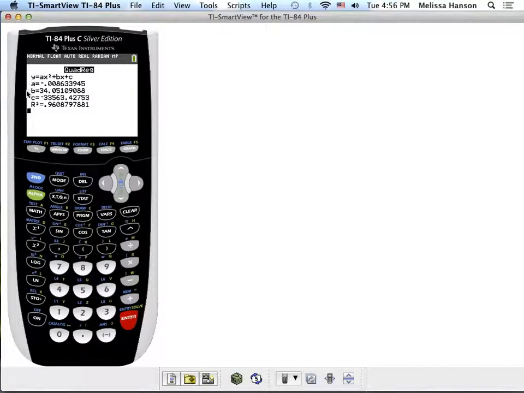And this time I'm going to write down this quadratic equation. This is my model. A mathematical model is an equation that fits a set of data. So I'm going to go ahead and rewrite this equation up here, y equals ax squared plus bx plus c, but this time I'm going to substitute my a value, my b value, and my c value in the appropriate location.